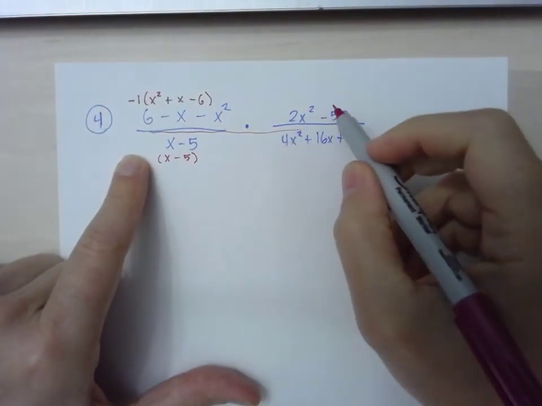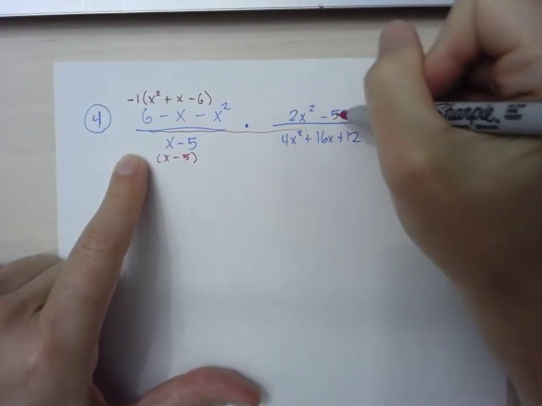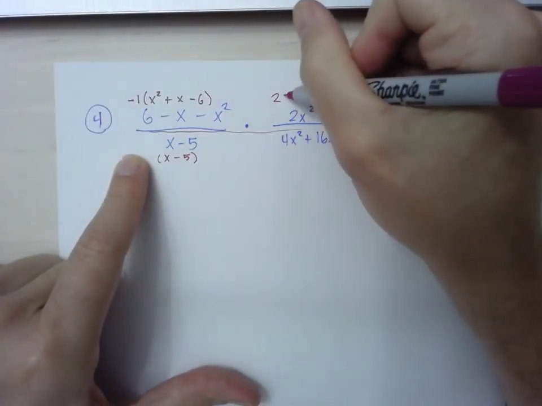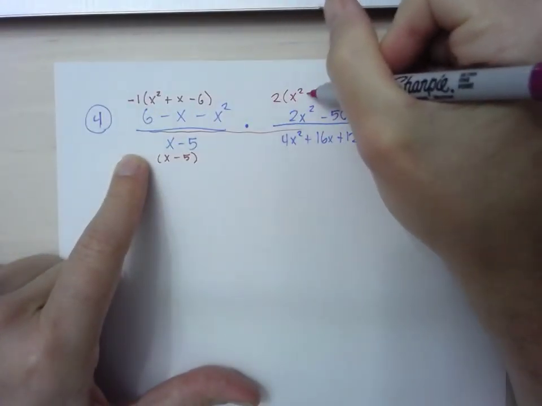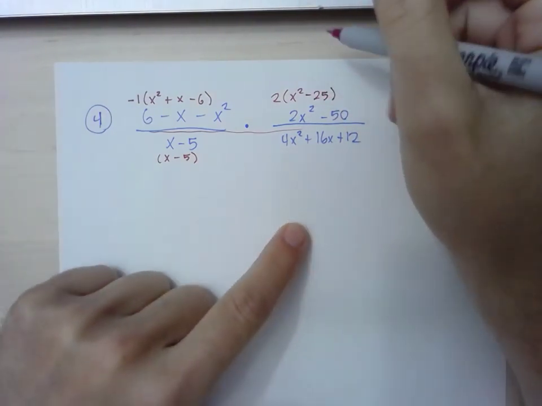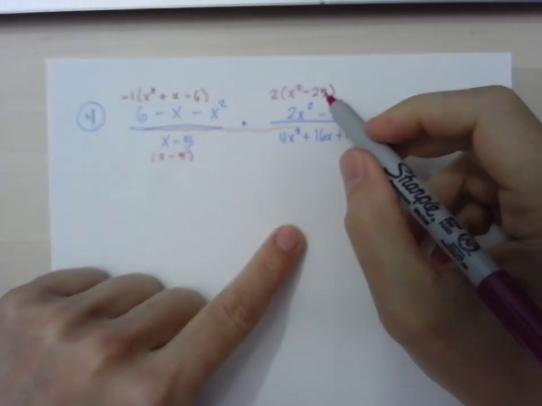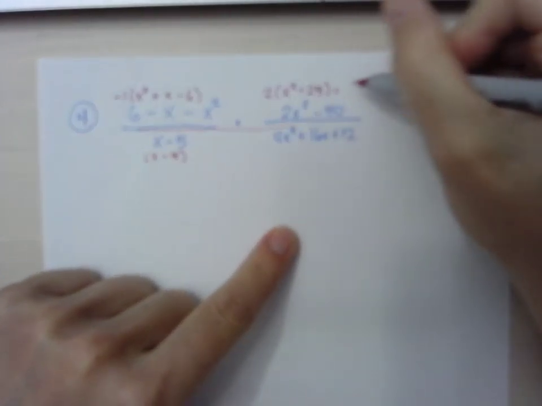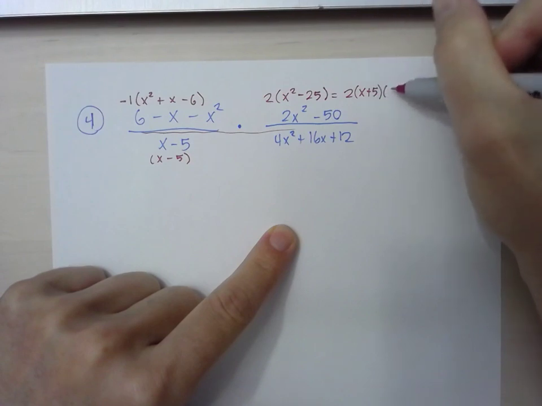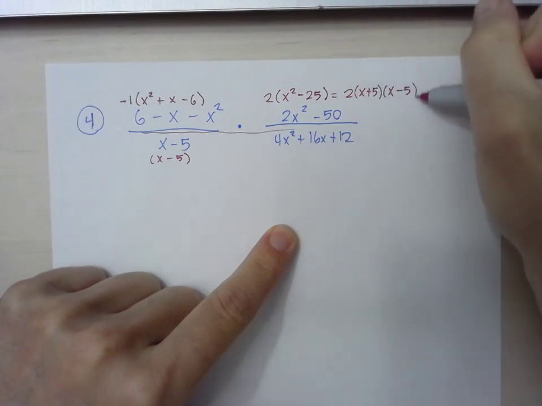2x squared minus 50. 2 can be taken out of that, so that's a GCF. And I can actually break that down even further. So that's going to be 2 times x plus 5 and x minus 5, because that is a difference of two squares.